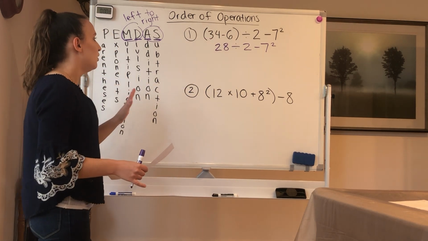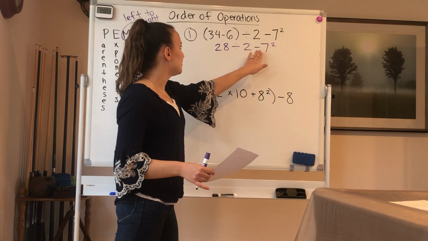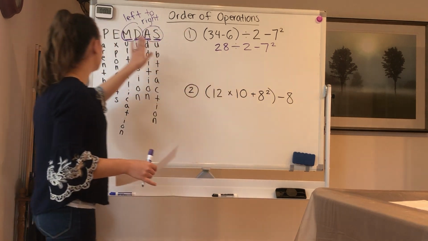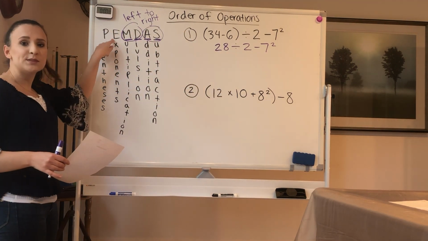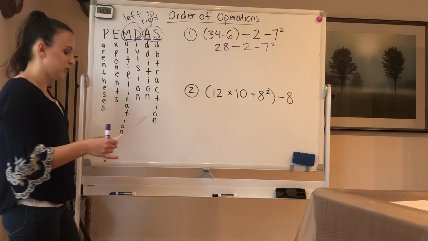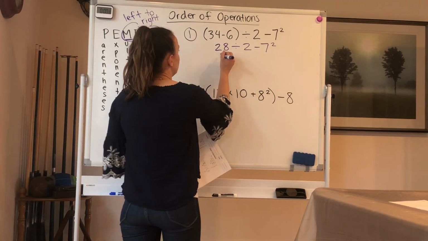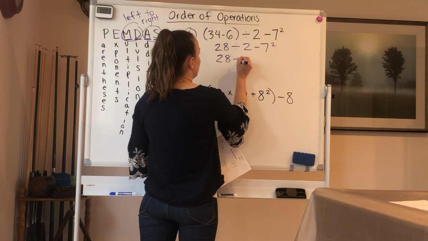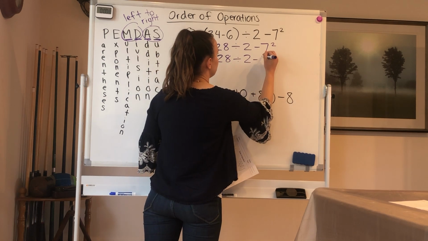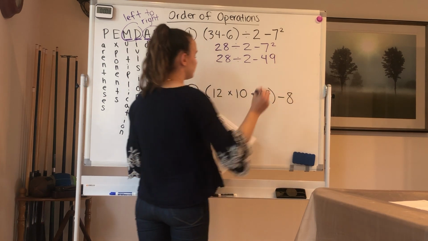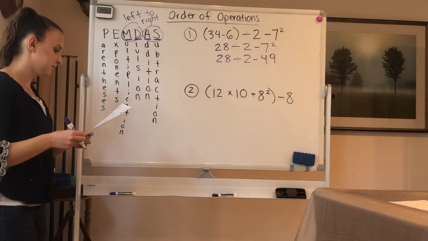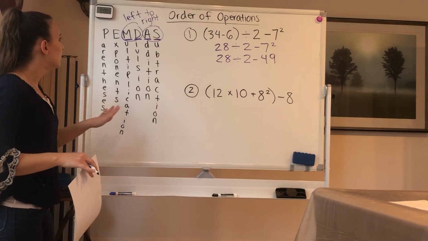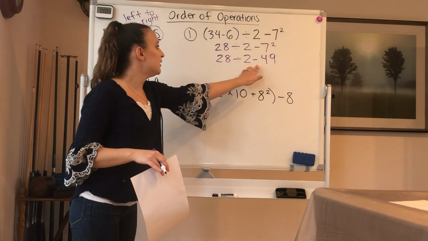Okay, now we have division here, we have subtraction, and we have an exponent. If you look at order of operations, exponent comes next, so that is what you should be doing next. So 28 divided by 2 minus 49. Okay, so now we have division and then subtraction.